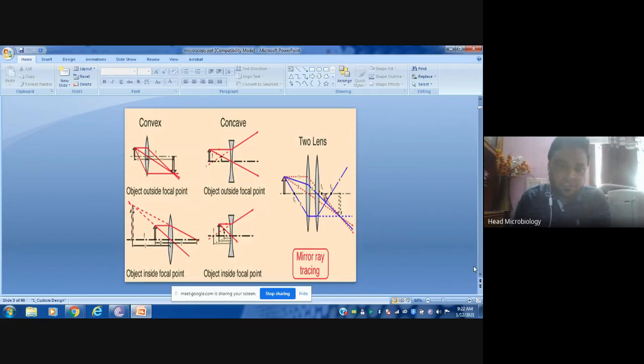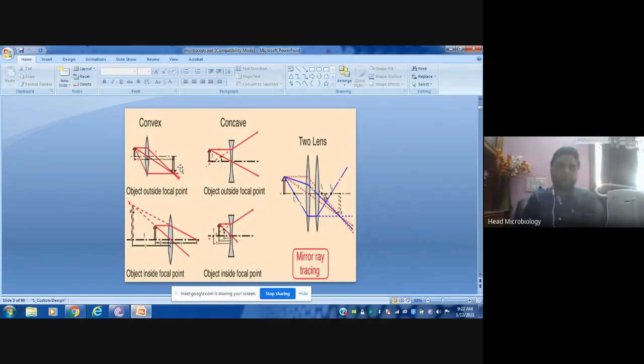And if the object is placed away from the focus point, like here, you can see, the object is placed away from the focus point. So what happens here? You will be getting a magnified and inverted image on the other side, isn't it?